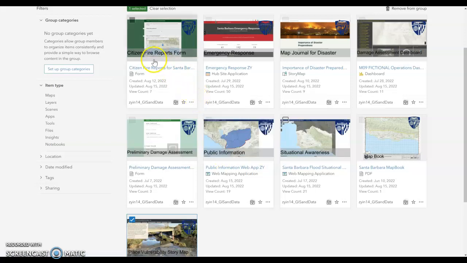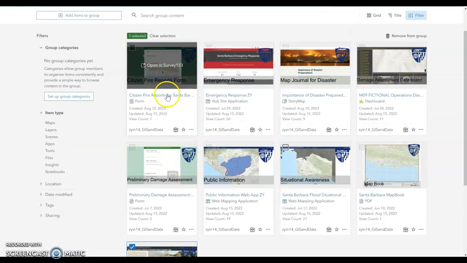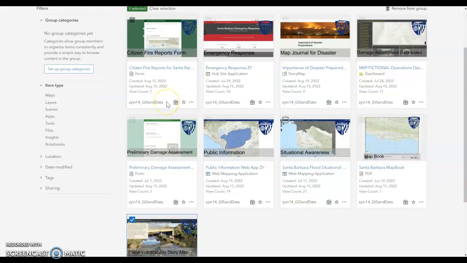And last but not least, we see a citizen fire report form. Citizens can use this form to report to officials where the incidents are happening.